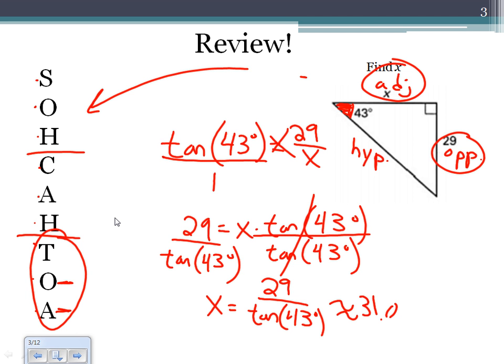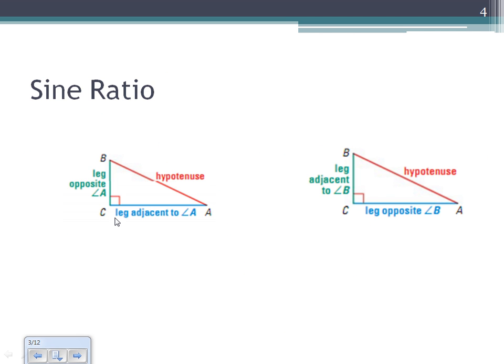It's 31.0, or 31.1. Who got 29? Hold on. I got 31. Everybody good with 31? It's 31.1. It's okay.